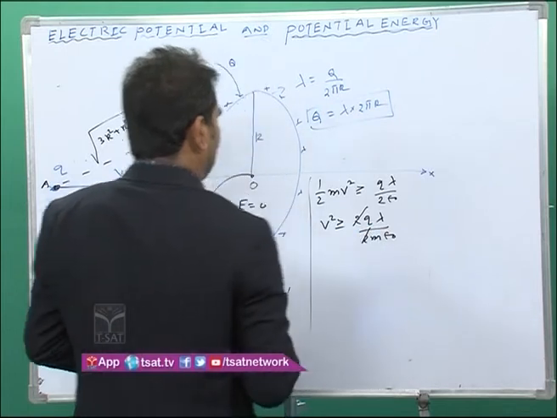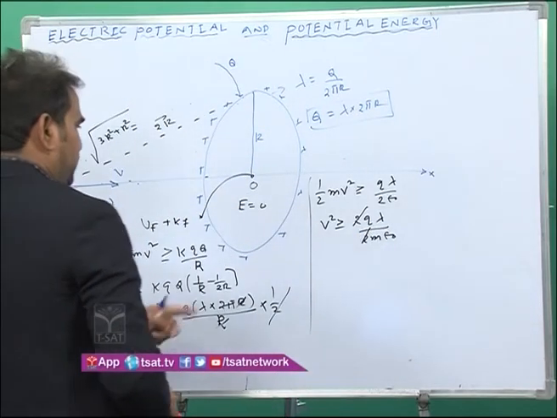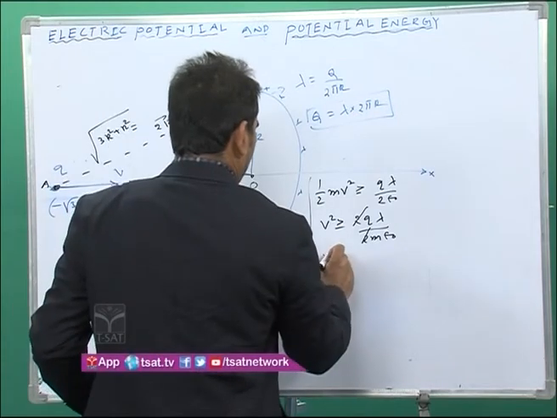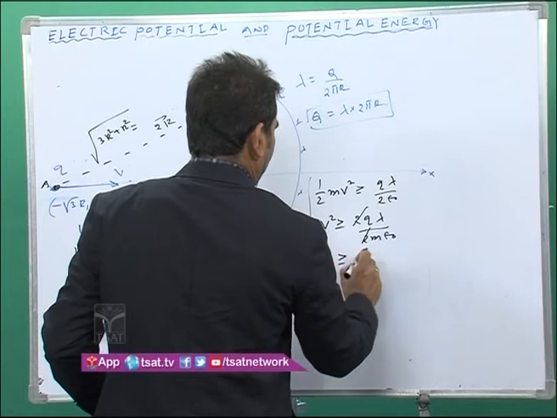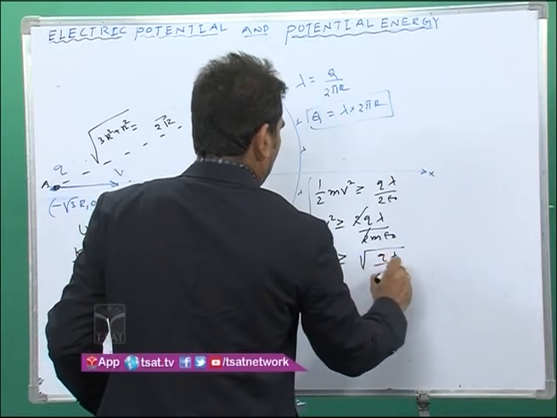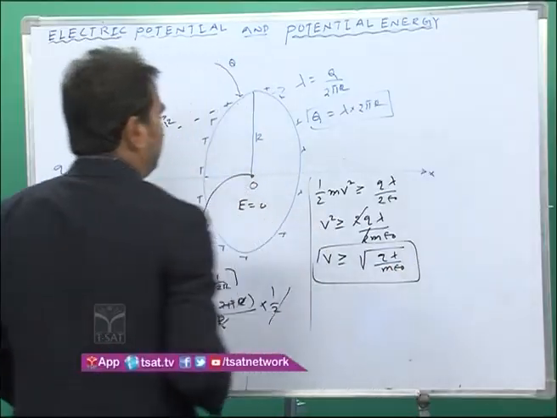So 2 gets cancelled here, only m epsilon naught is there. v squared is greater than or equal to q lambda upon m epsilon naught. So, this is the final answer.